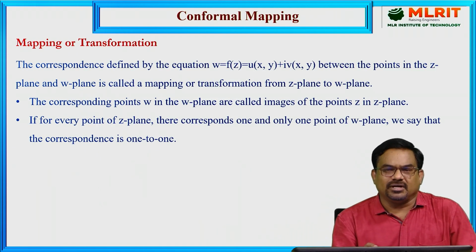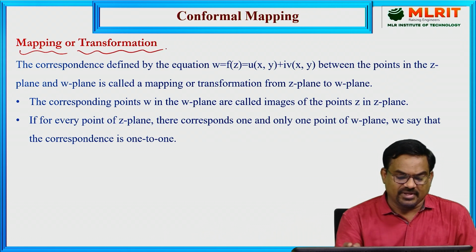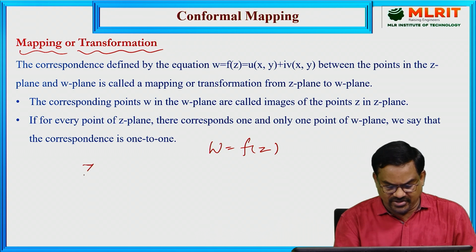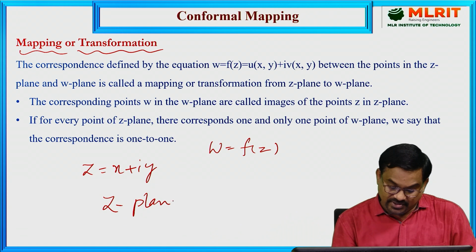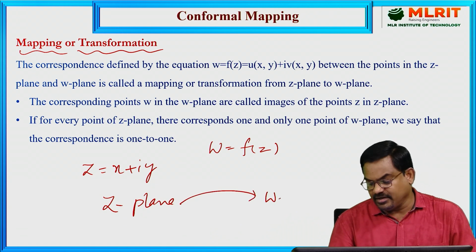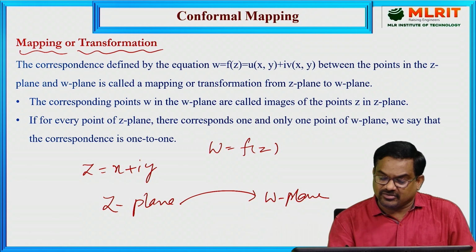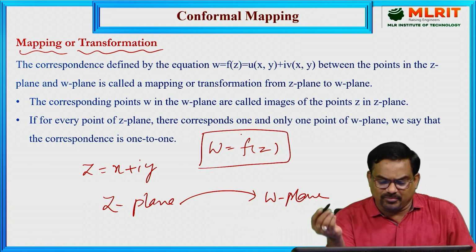Now coming to the definitions: mapping or transformation. Just now I told w equal to f of z, where z is x plus iy. A point in the z plane is transformed to a point in the w plane. This particular transformation w equal to f of z is called a mapping or a transformation.